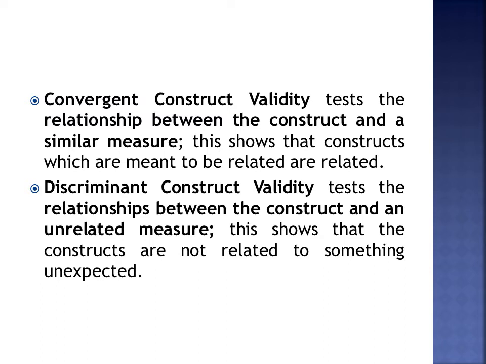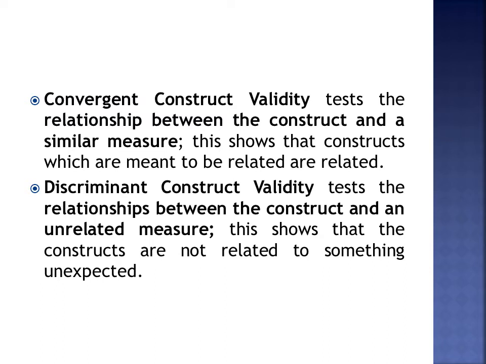Then you get the scores and correlate. If there is a good correlation, it shows a good relationship, it means that the test has a good convergent construct validity, and it means it is valid. So that's for the convergent construct validity.